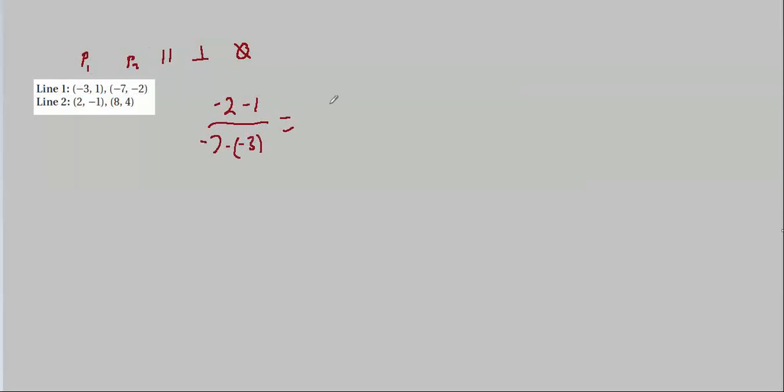That would be minus 3. Will be minus 7 plus 3, which is minus 4. And that equals 3/4. And that's the slope for line 1.